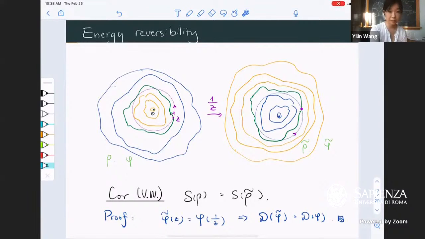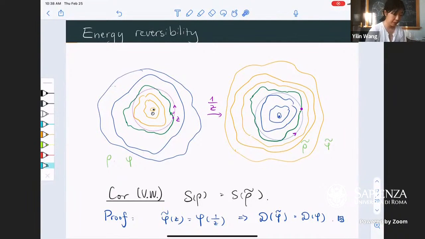It associates a winding function coming from the angles, etc. And if I apply 1 over z to it, now these blue curves are inside and the orange curves are outside. I have another foliation, another winding function, and also another measure which generates it. There's no easy relation between rho and rho tilde. However, their Loewner-Kufarev energies are the same.